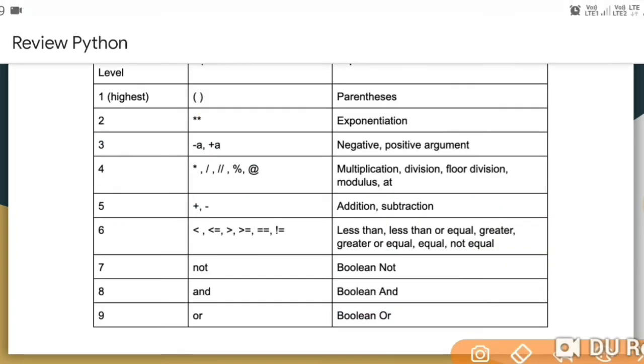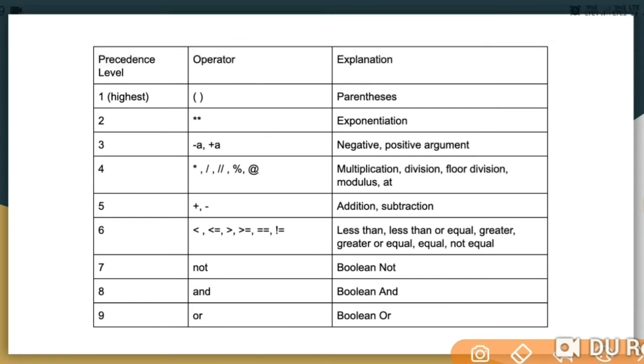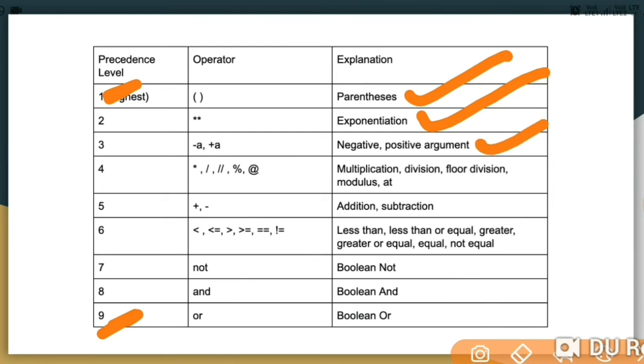Here you can see the precedence of the operators, from the highest to the lowest. The highest precedence is parenthesis, then exponentiation, then the negative and positive signs, known as unary operators. Unary means only one operand is required for the operator, like plus and minus.